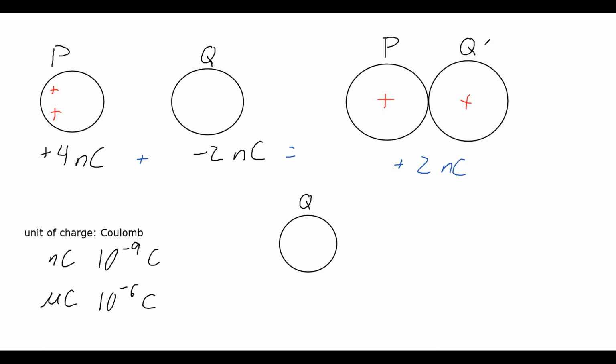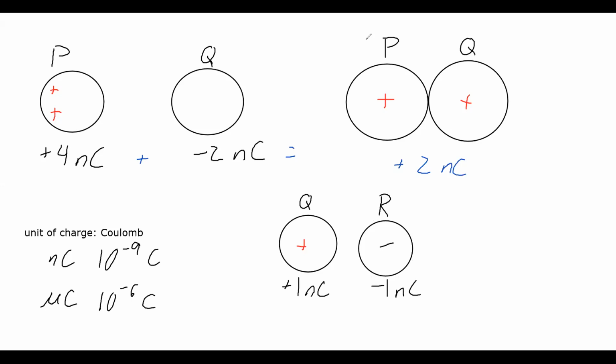Almost lost track of that. And R has a negative, right? Is it negative 1? Just double check there. Yeah, R is negative 1. So here's a positive 1 nanocoulomb. After we combine and separate them, Q is left with positive 1, and R we're told is negative 1.